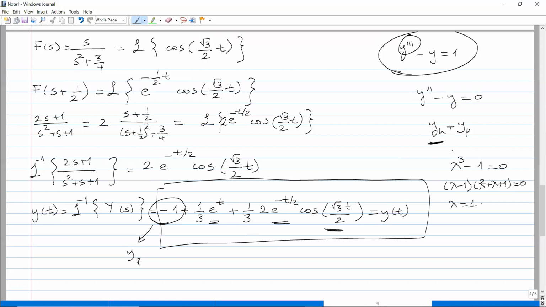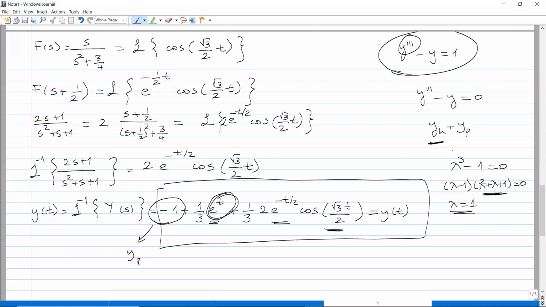First we obtain lambda equals 1, which gives the solution e to the t. The second factor doesn't have real solutions. It has complex solutions, so we have e to the minus t over 2 cosine, and we also have e to the minus t over 2 sine.